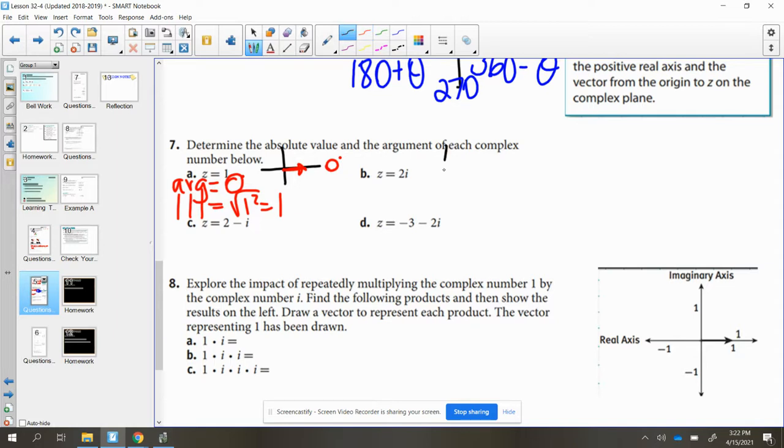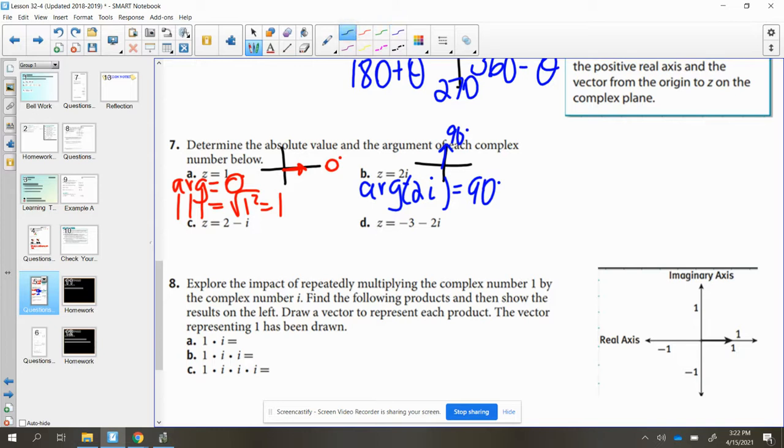The next one, if we graph 2i, that is going on the positive y-axis, right, going up. So we know that our argument on this one is going to have to be 90 degrees since we went up. So the argument of 2i, let me write this a little nicer. Argument of 2i, 90 degrees.